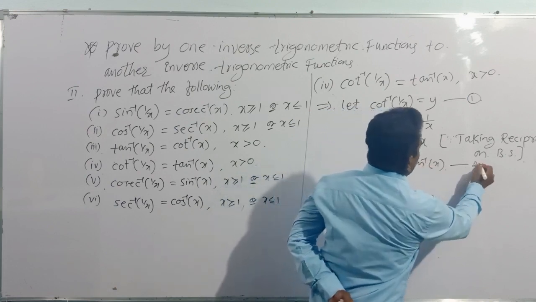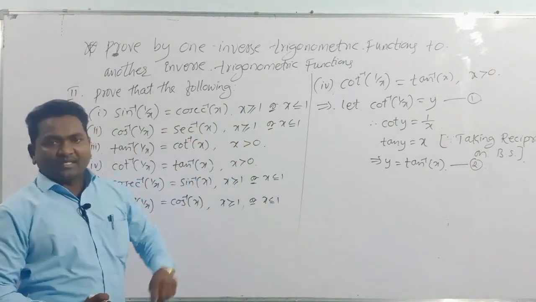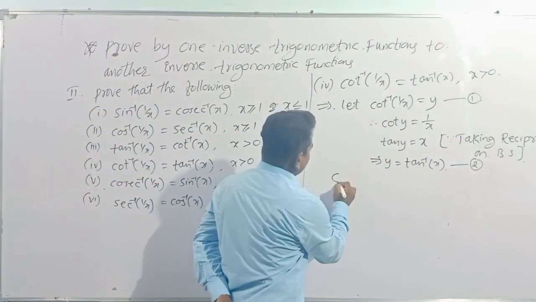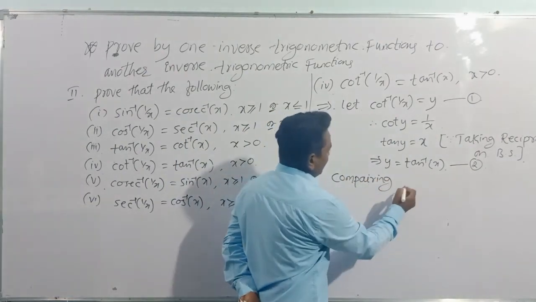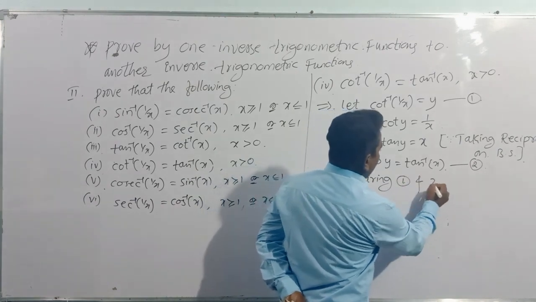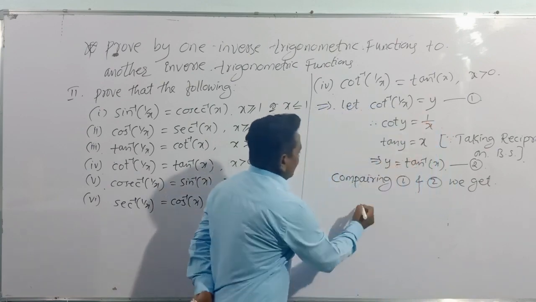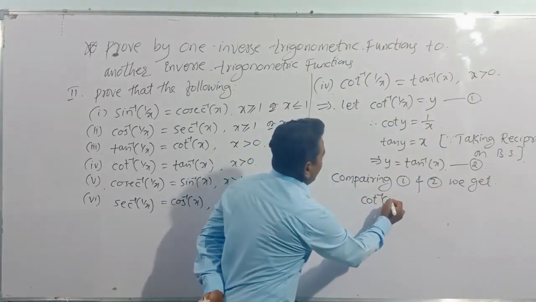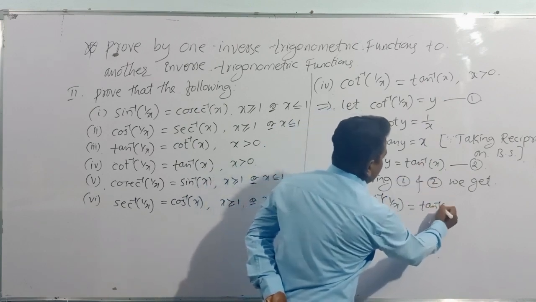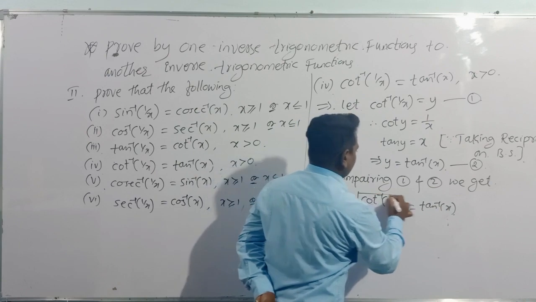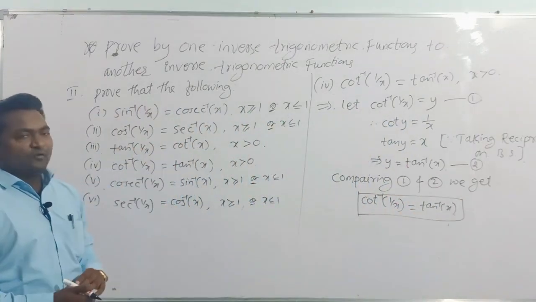Take it as equation number 2. Now comparing equations 1 and 2, we get cot inverse 1 by x is equal to tan inverse x. This is the proof of fourth property.